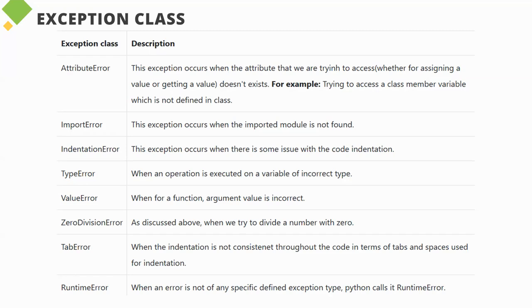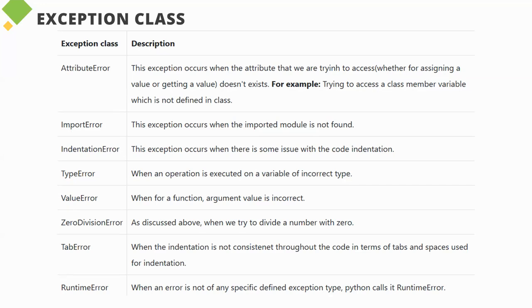I only have attributes ax and bx, and using a or b leads to an attribute error. With an import error, when the imported module is not found or doesn't exist, it gives an import error.